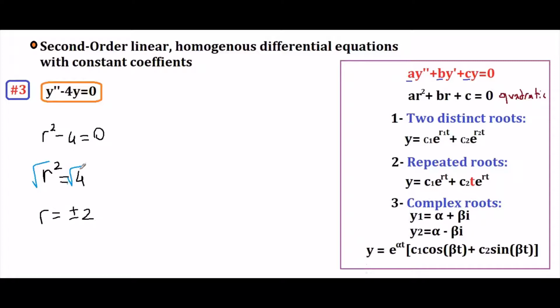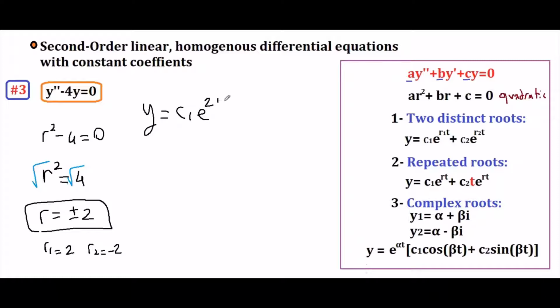Whenever you have a square root, it goes out as plus or minus. So r1 is 2 and r2 is negative 2, and our general solution is c1 e to the 2t plus c2 e to the negative 2t. Don't assume that this is a repeated root and it is positive 2. No, this is plus and minus 2.